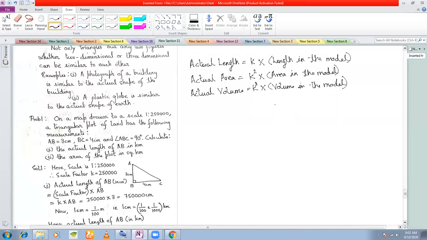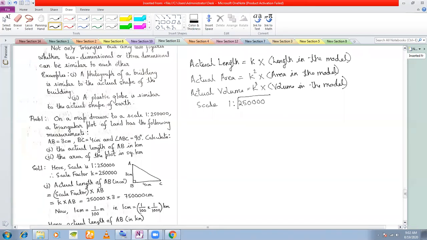Coming back to this problem, on a map drawn to a scale, the scale here is 1 is to 2,50,000. This is the scale. Now the scale factor is this number.